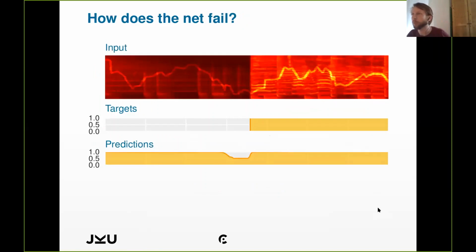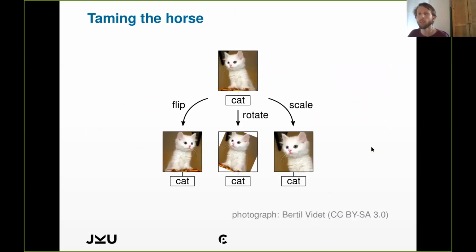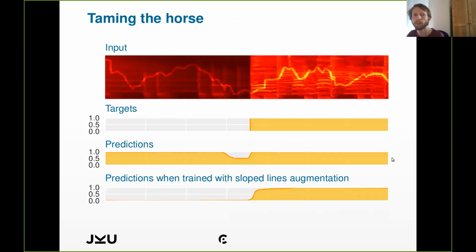So this is another demonstration. Whenever there is something like a wiggly line on top, it will predict singing voice. Now, how can we fix this? We could use data augmentation for this. This is what I tried. I'm just adding this as some augmentation to all the training examples, so the network learns to ignore it, and this works.